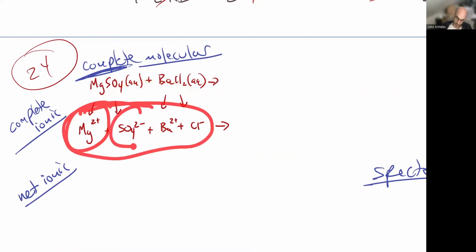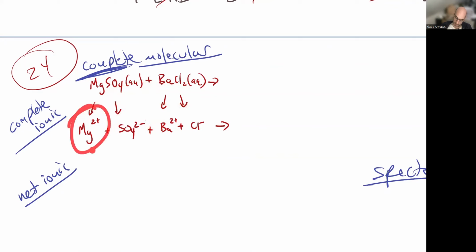So magnesium was with sulfate, but now it has another option. Magnesium can now join up with chlorine. And so I want to combine magnesium and chlorine to make a new compound out of that. And the other combination is barium as well as sulfate. So those are the combinations that we can have.